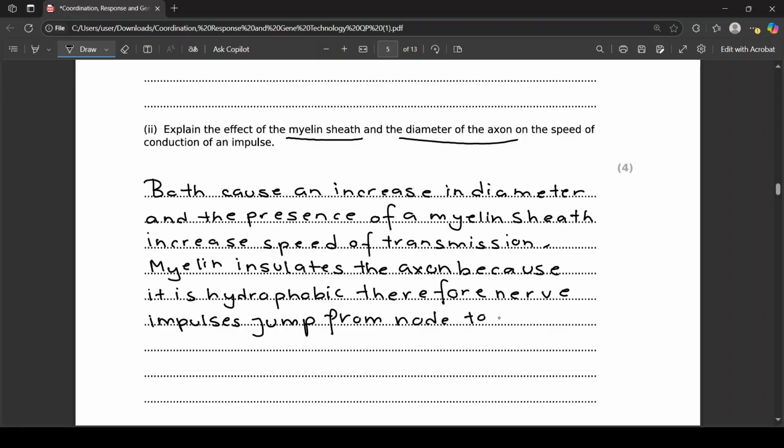Okay, so since myelin insulates the axon because it is hydrophobic, the nerve impulses jump from node to node.